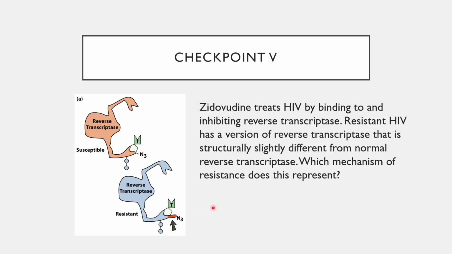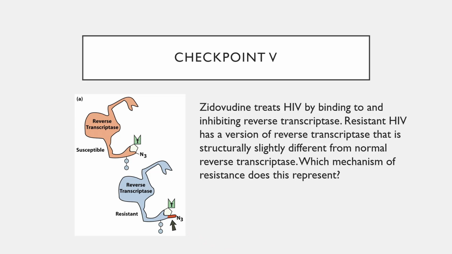As you can see here, we have a normal reverse transcriptase. This is the binding site for zidovudine. Resistant reverse transcriptase has a structural difference which prevents zidovudine from binding. So which mechanism of resistance that we just went over does this represent?